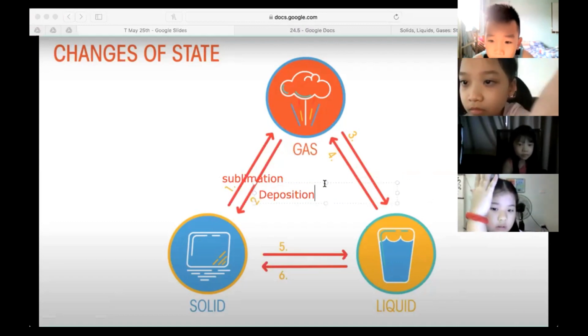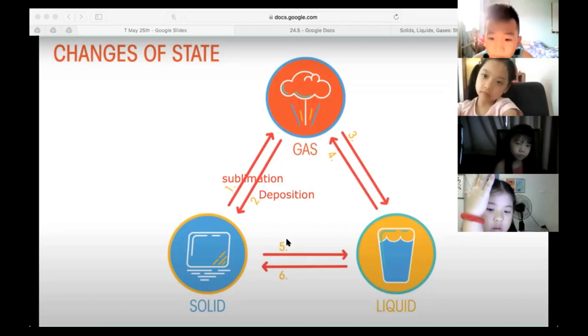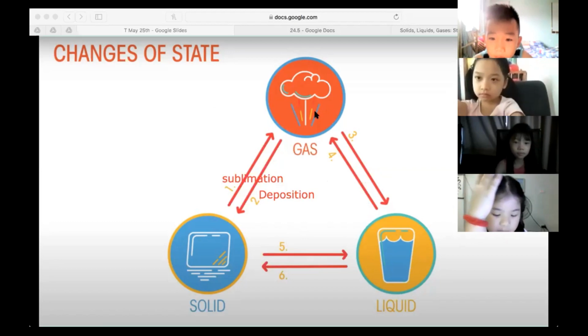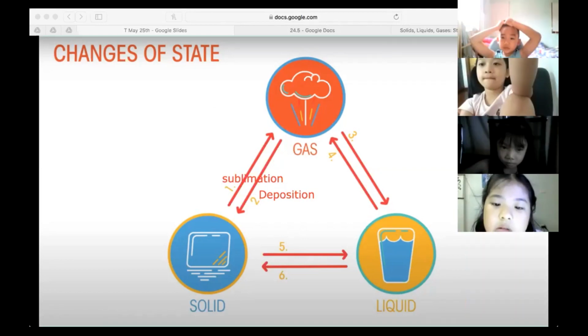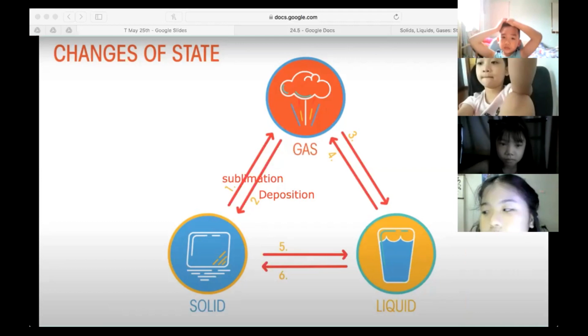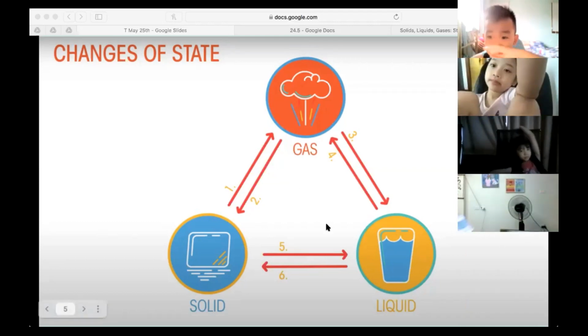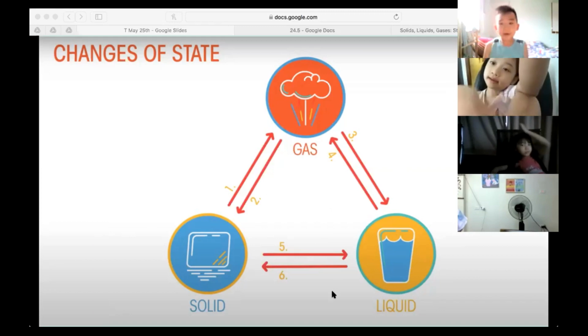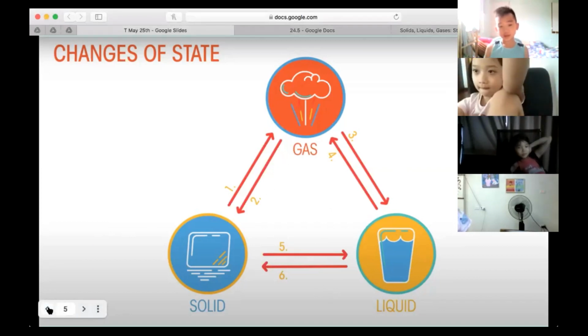Sadly, I cannot turn them, so they're just gonna have to be like this. All right, sublimation and deposition. All right, solid to a gas. That happens in dry ice. It's a solid, and as soon as you move it, it'll turn straight from a solid to a gas. All right, we're not gonna do 3, 4, 5, 6, because you guys already did that on this one.